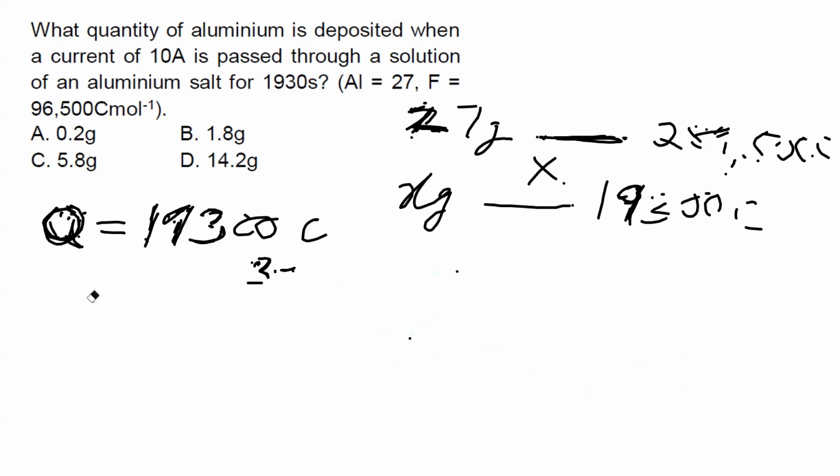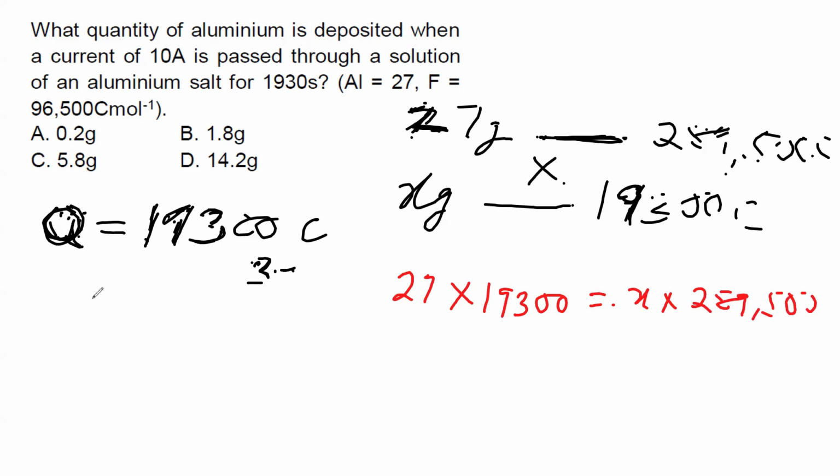We are now going to have 27 times 19300, which is equal to X times 289500.